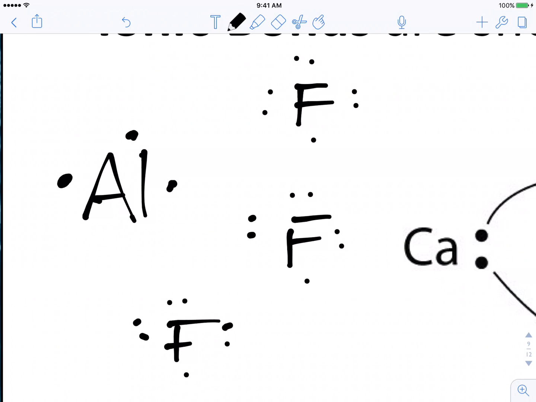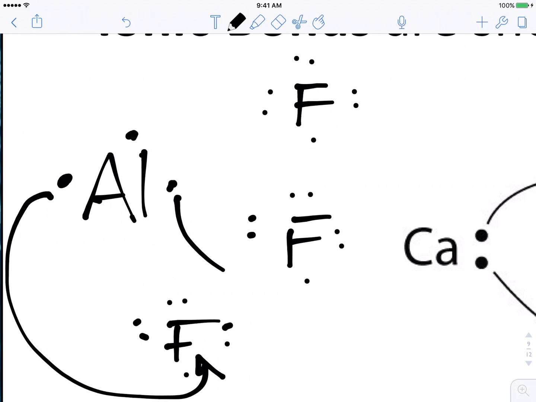Okay, here's what we do. So this guy is going to go over to this fluorine. This guy is going to go to that fluorine. There's a bad arrow, my bad. And this guy is going to go to that fluorine.